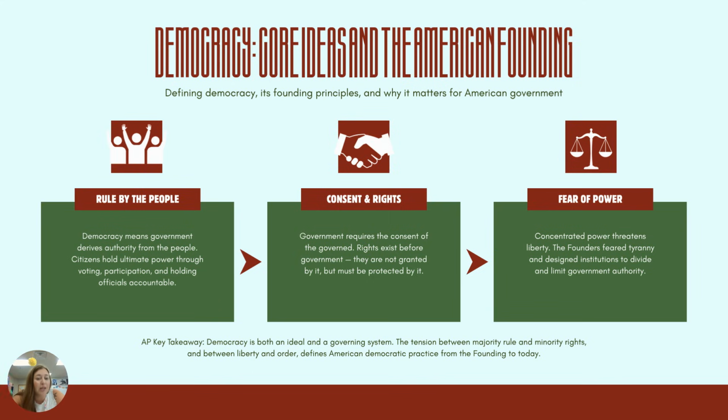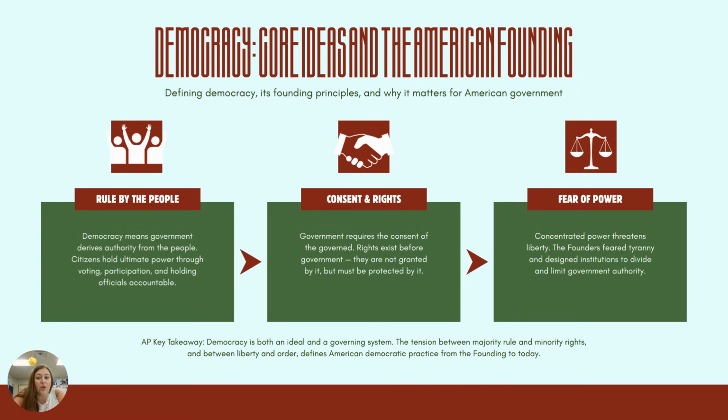And so the government's job is to protect our rights, not to inhibit them. And then there was a general fear of concentrated power. The founders knew that concentrated power would threaten liberty, that it could lead to tyranny.